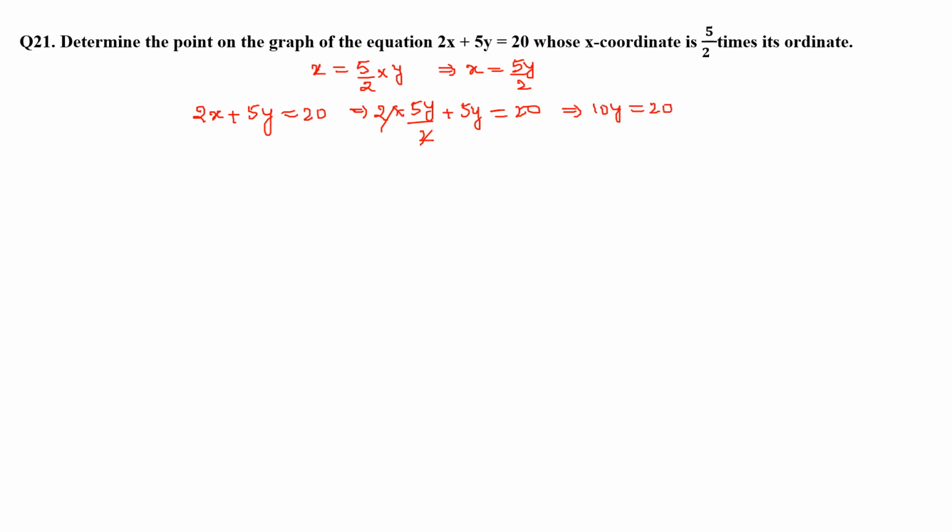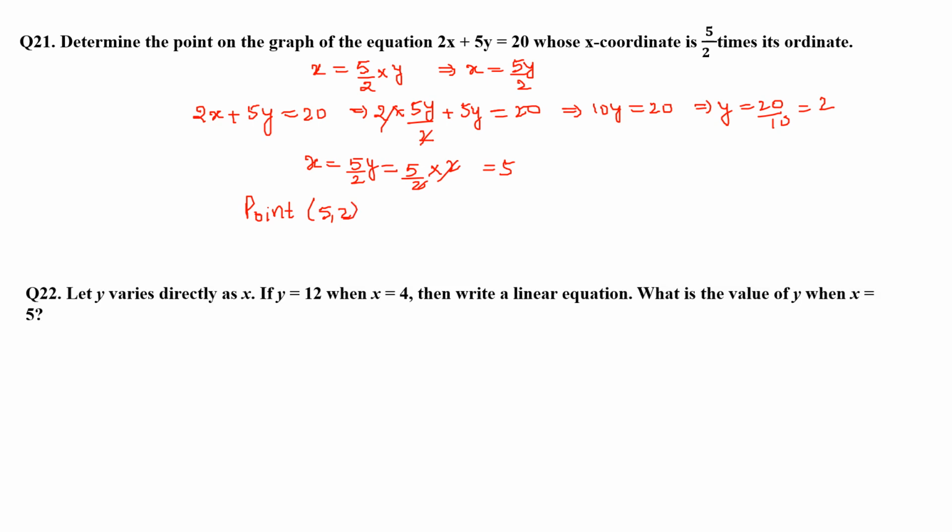So the value of y you will get as 20 by 10, which will give you 2. Now you got the y coordinate. Now substitute the value of y in the relation, 5 by 2 into 2. So x coordinate is 5. So the point is 5, comma 2. So this is the required point.